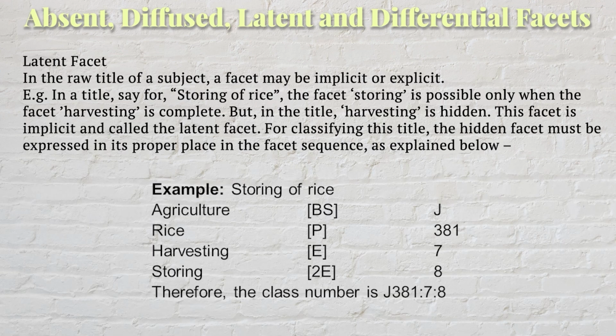Therefore, the class number is J381. Then comes the isolate number for harvesting, that is 7 in the first round of energy. After that comes the second round of energy, that is storing, and the notation for storing is 8. So the class number is J381:7:8.